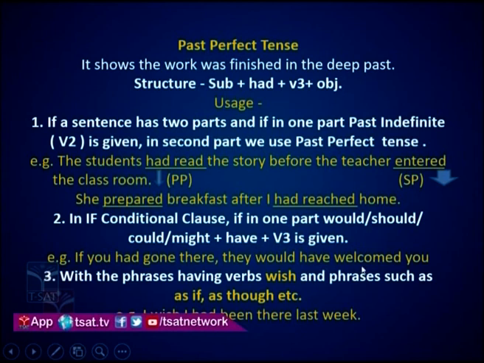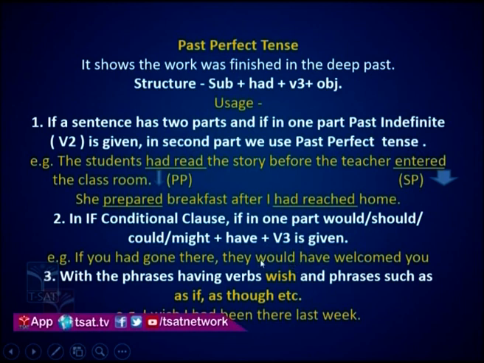Next, in if conditional clauses, if in one part would, should, could or might is used along with have plus V3, then the sentence structure will be, if you had gone there, they would have welcomed you. Now again this is an if condition. If you had gone there, this if clause is in past perfect tense, had gone. The next clause is they would have welcomed you.